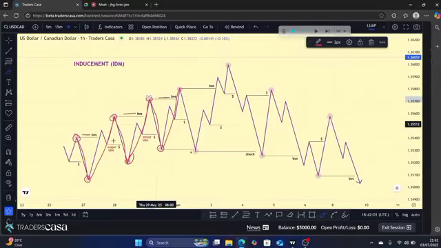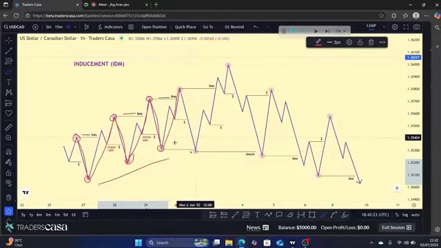So when you see such a pattern where price is forming higher highs and higher lows, this is what we call an uptrend, and until the recent higher low is broken by price with some displacement, we are still in an uptrend, because sometimes price may just sweep that higher low, like in this scenario.